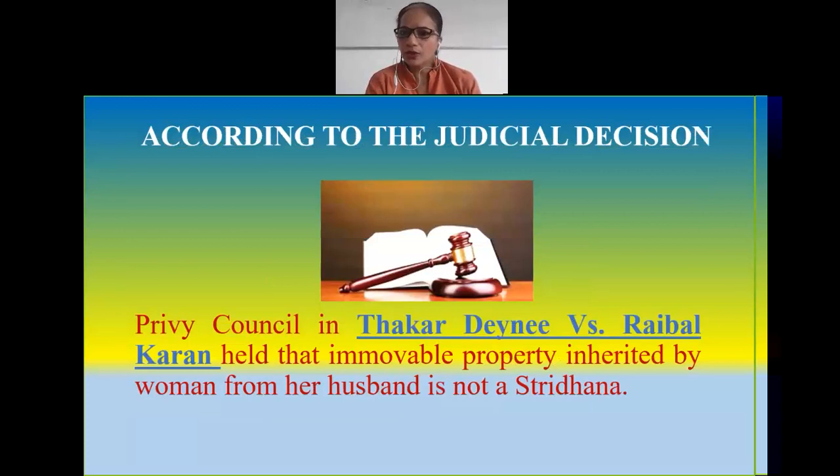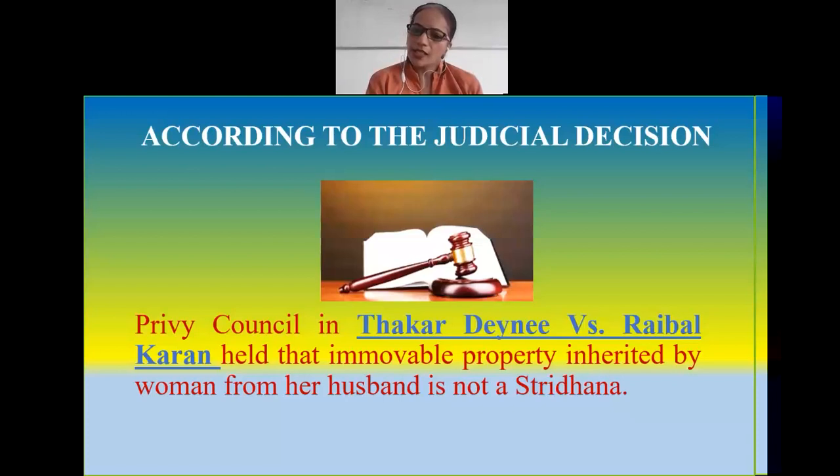Now, if we take into consideration the judicial decisions in respect of Stridhan, then from the very beginning, from the days of the Privy Council, in Tekait Durga Prasad versus Raibal Karan, the court held that immovable property which is inherited by a woman from her husband is not Stridhan, would not be considered to be Stridhan.